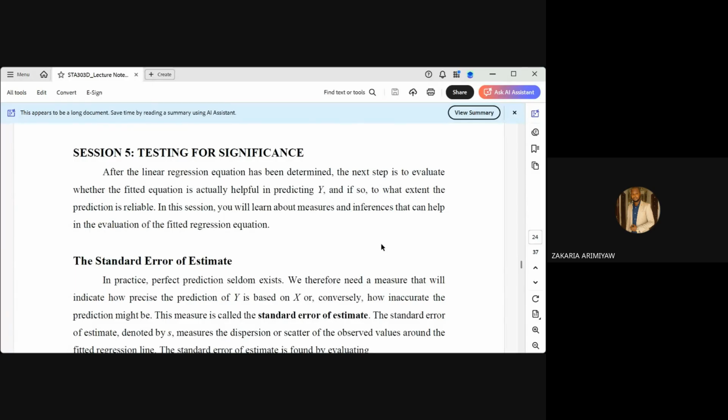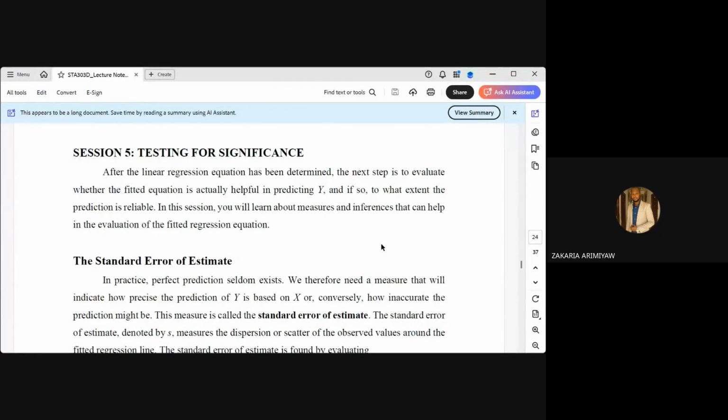We'll look at the next session, session 5. In this particular session, we are further looking at other ways of assessing the quality of the regression equation that we have estimated. So this time around, we want to look at how we can evaluate whether the predictor variable, the independent variable used in the equation, is useful in predicting the values of y.